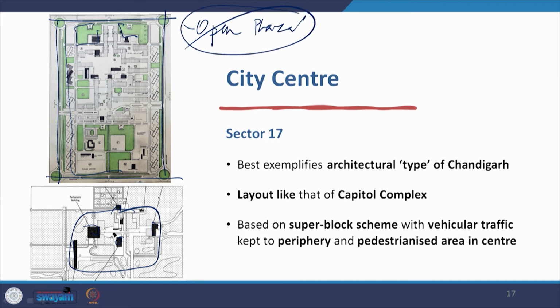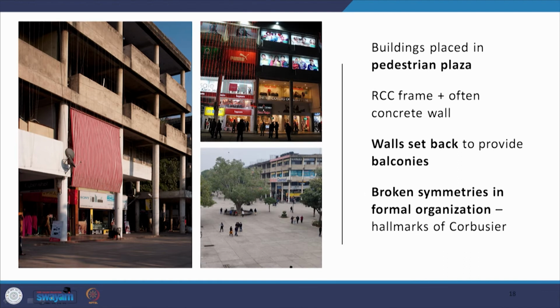The sector itself is like an open plaza where the buildings are put together, like the layout of the capital complex. This is based on the superblock scheme with vehicular traffic kept on the periphery and the entire area within pedestrianized. The buildings of sector 17 are placed in this vast pedestrian plaza.